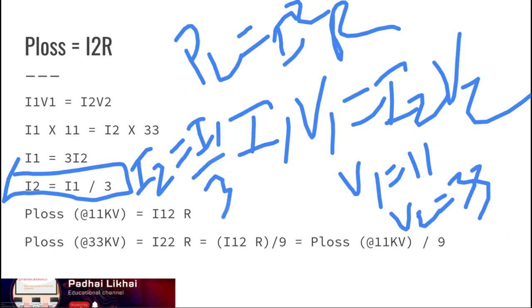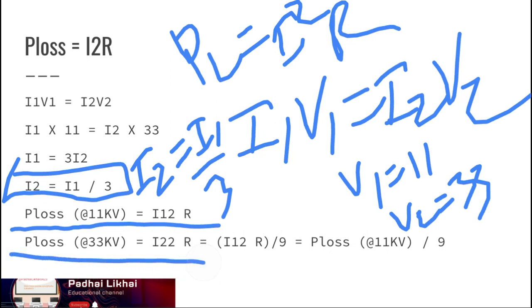Now use this formula: P loss is equal to I square R. First find the P loss at 11 kV, then write P loss at 33 kV. When we write P loss at 11 kV, we use I1 square R. Do not confuse this.